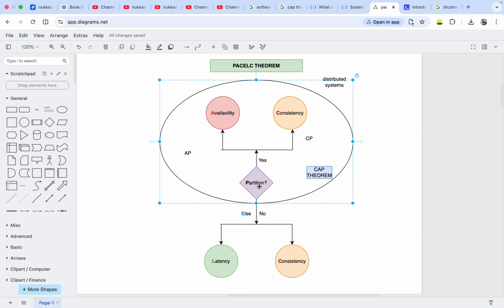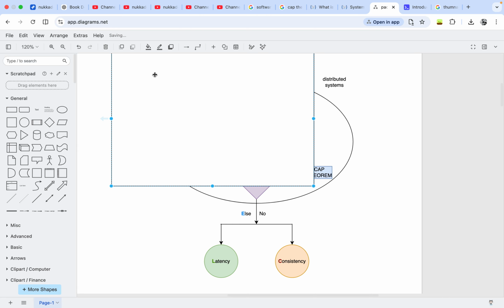While understanding the CAP or PACELC theorem, first remember this diamond-shaped partition. From here the definition goes: if yes, then availability or consistency, which brings us to the CAP theorem. Otherwise, latency and consistency are added extra, and that extra entirely makes the PACELC theorem.